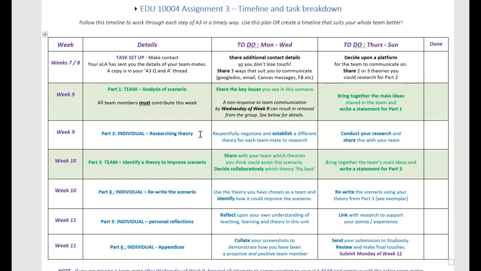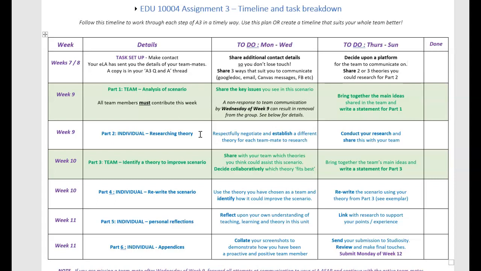One question that we get a lot is, oh gosh, it's really hard for us to come up with a theory that suits this scenario best. We know that. In any circumstance there are a number of different theories that could work really well. There is no right theory. There is no wrong theory.